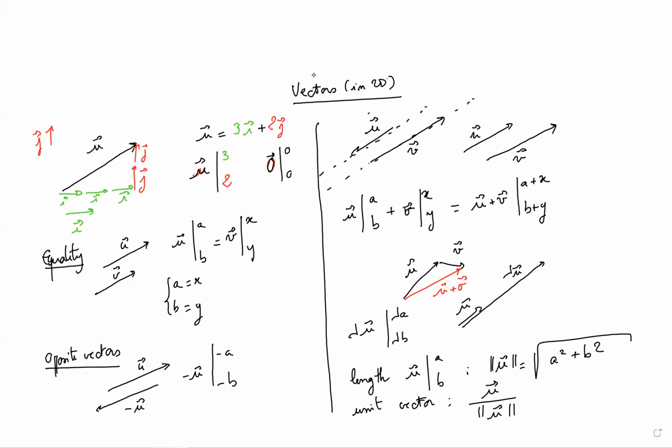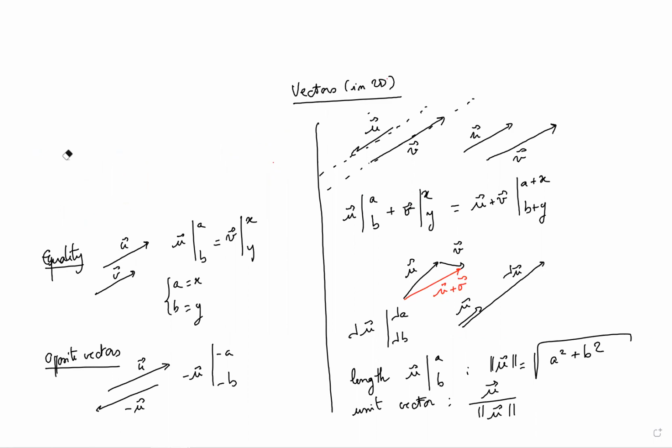And the dot product is something very important that we will use later in many, many calculations. If you have a vector u and a vector v, the dot product is denoted with a dot, as its name says, and it will be a times x plus b times y.